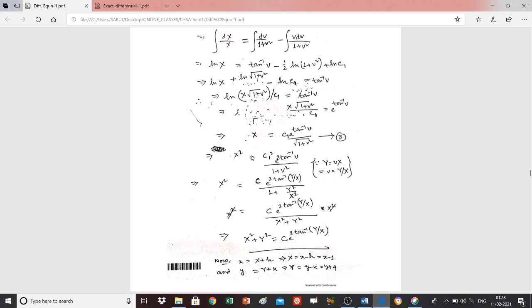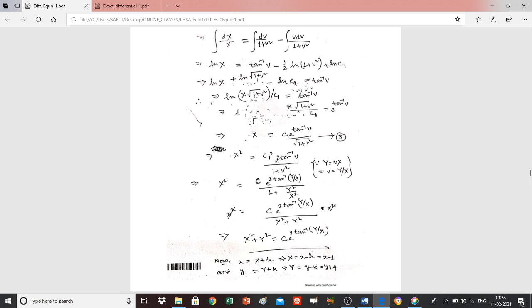So from here x square is equal to c1 square e to the 2 tan inverse v, just squaring both sides, times 1 plus v square, and from here x square is equal to c, another constant, e to the 2 tan inverse y by x. Here just substitute the value of v. Since y is equal to vx, v is equal to y by x.